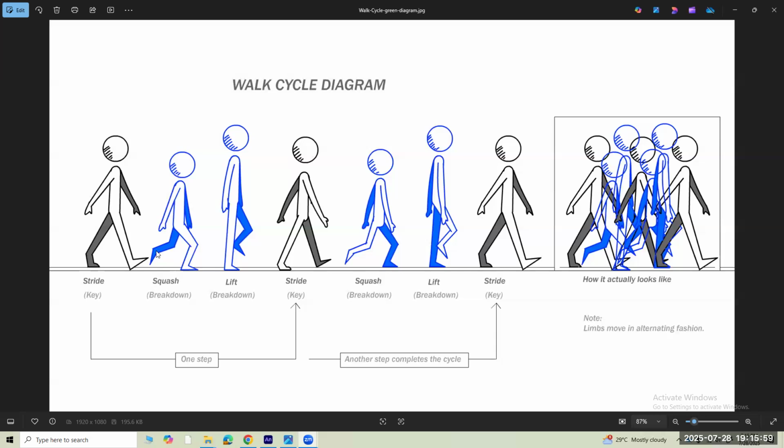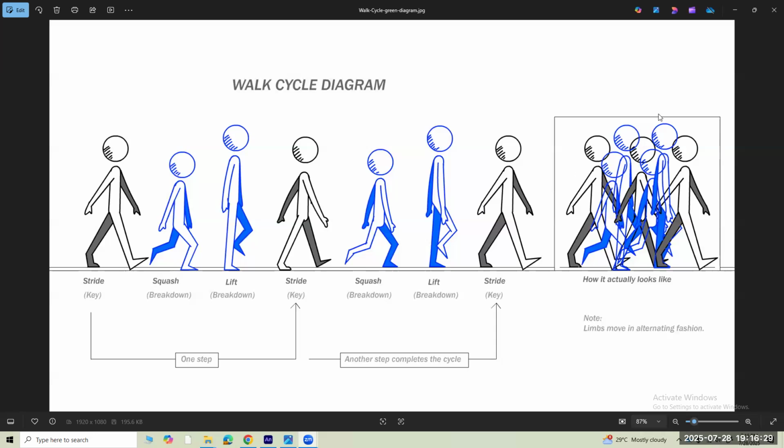The limbs, the legs that are farthest from the camera, they travel in this upper margin right here. And the legs that are closest to the camera, they travel at the lowest margin right here. Hence, it gives us a perspective on the walk cycle. Okay, so this is how it looks like.